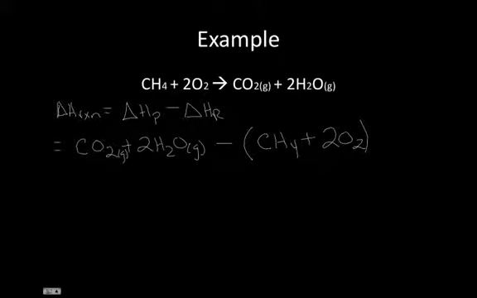Now we have to look up on the table that you have in front of you the different numbers that go along with these. So if we look up carbon dioxide gas, you should find that it's negative 393 kilojoules per mole.